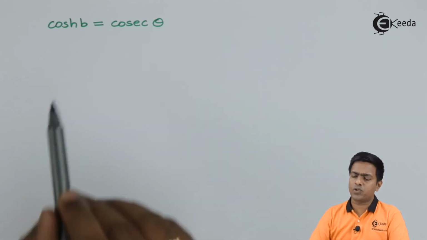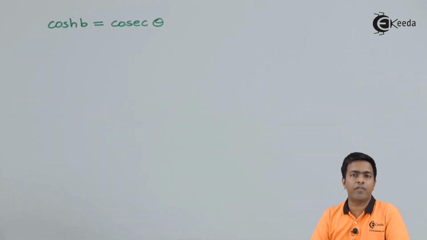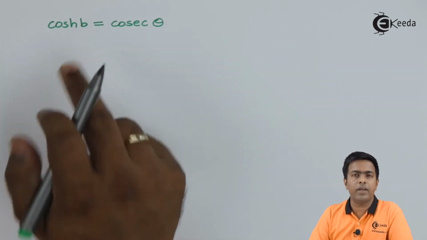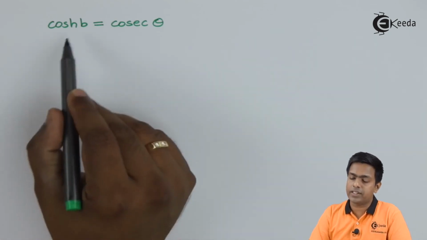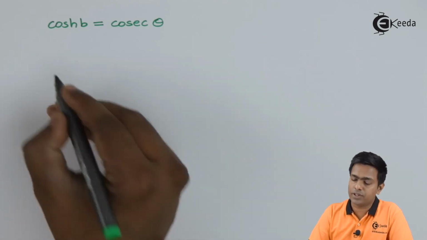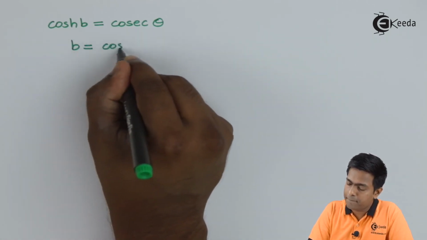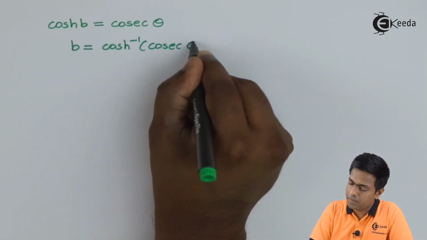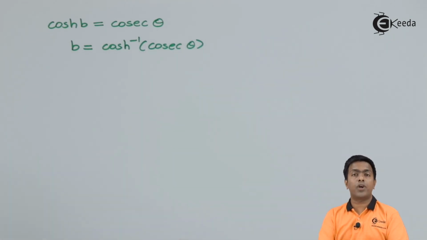Now guys, we have to solve this equation to get the value of B. To get B, I need to shift this hyperbolic cos to the other side, where it becomes hyperbolic cos inverse. So we'll get B as hyperbolic cos inverse of cosec theta.